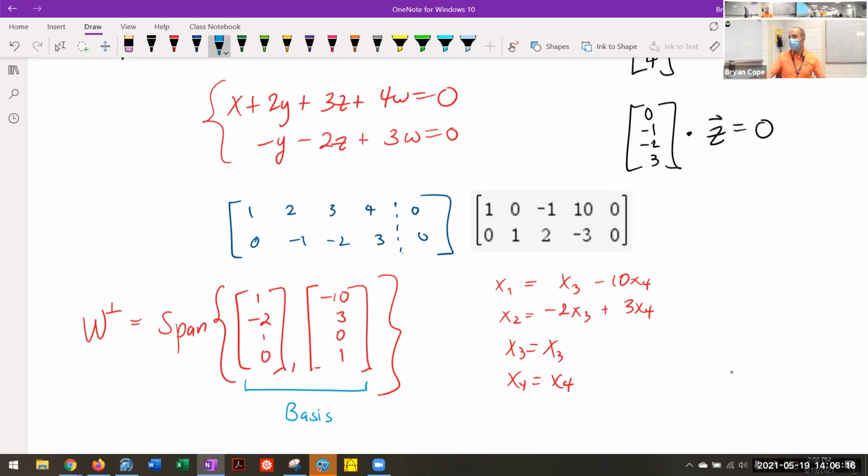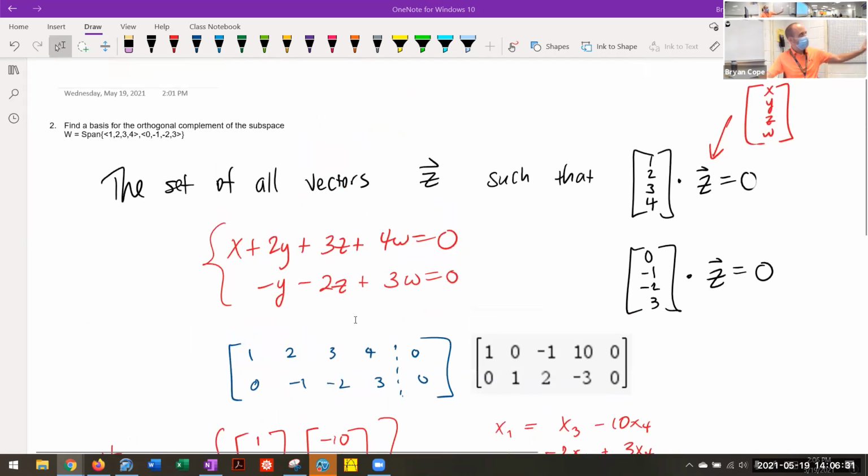Let's pause. You can ask a question if you want, or I will show you some examples on the calculator of how this works. Okay, so here's what W perp means. Any vector in W, and W is the span of these two, must be orthogonal to any vector in W perp. So let's confirm that that's true.